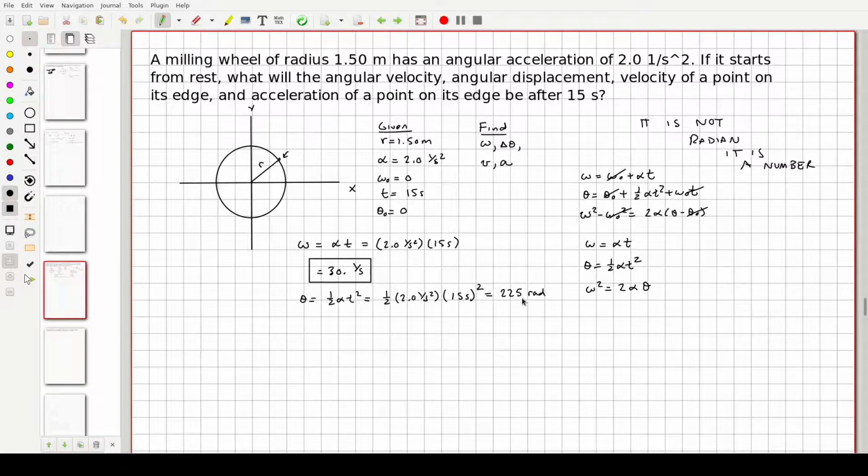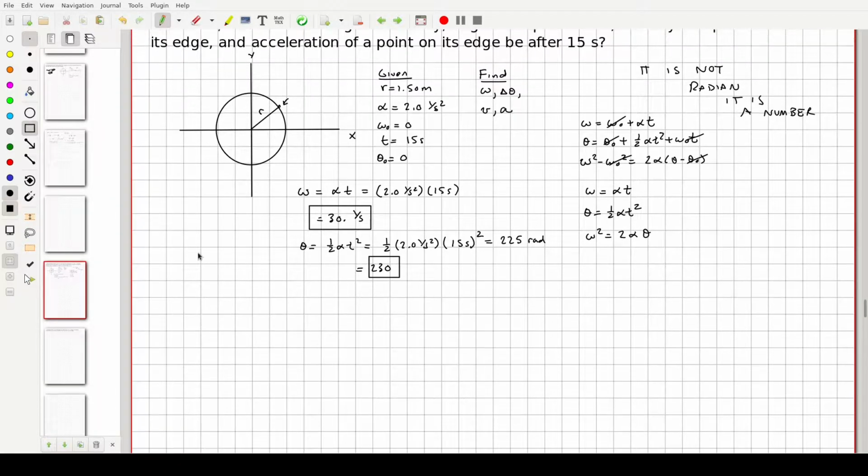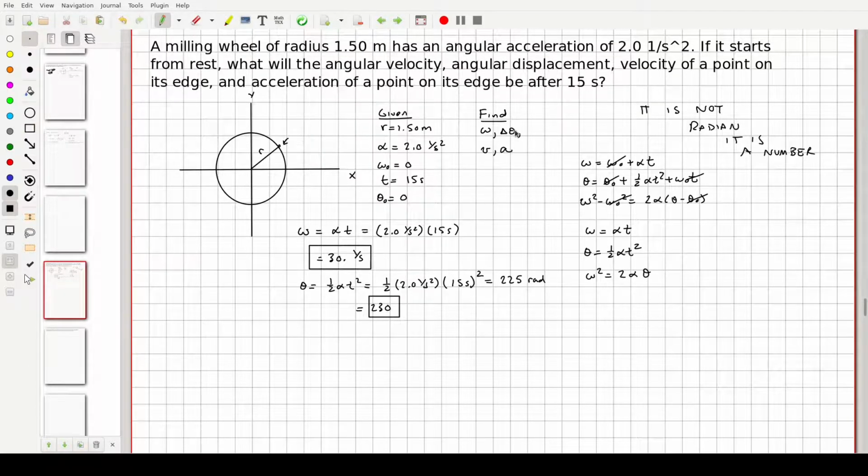But you don't have to put that. Now, in sig figs, I'm seeing 230 radians. One of the few times in which you can write a number down and not have to put units. So that takes care of that.